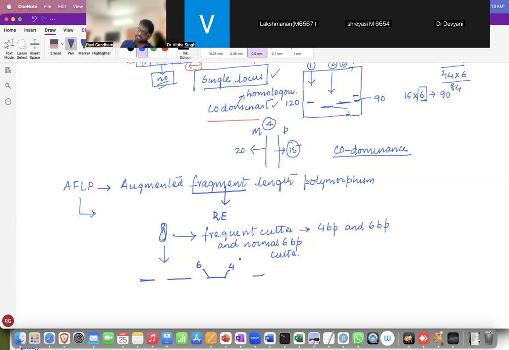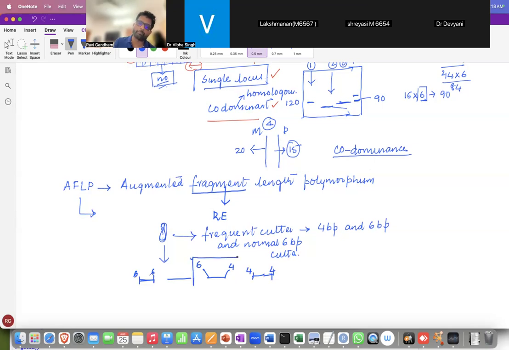Yes, you do have fragments with 4 cutter on both the sides, right? But I'll tell you how they'll be removed in the next steps. If at all you have a 4 cutter, there is a possibility that you have a 4 cutter site on both the sides. You have a 6 cutter here and a 6 cutter here on both the sides. There is a possibility.